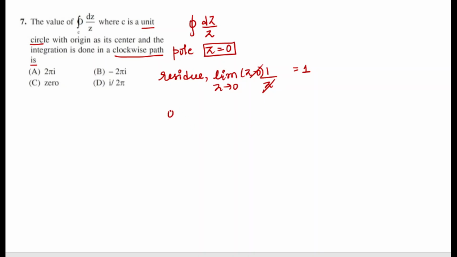So the closed integral of f of z dz equals 2 pi i into 1, which is 2 pi i. Look at the question: they have given a clockwise path. Clockwise path is negative, so minus 2 pi i is the right option. Yes. Let us proceed to the next question.